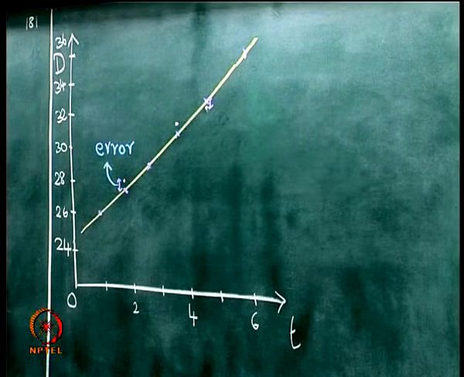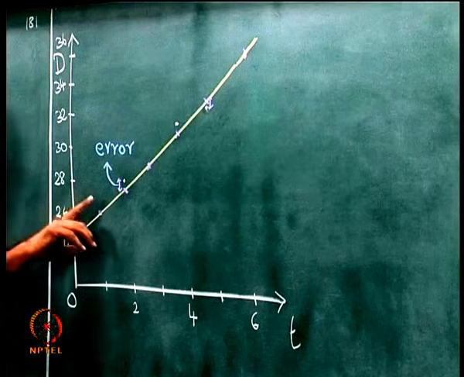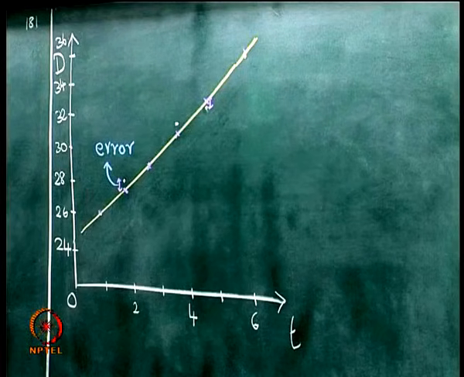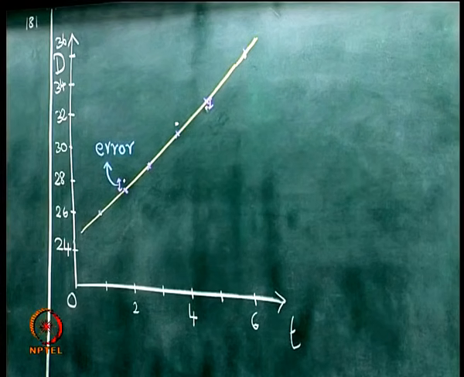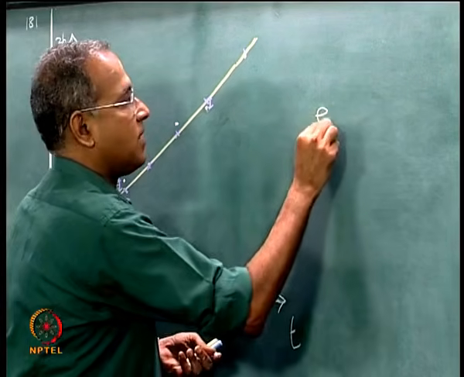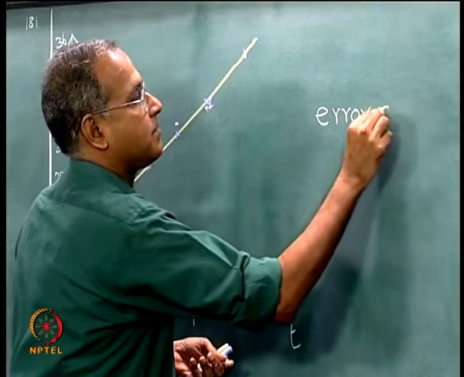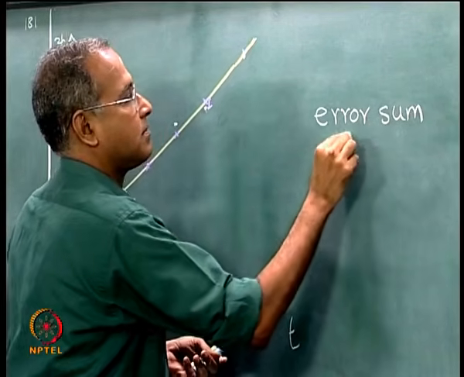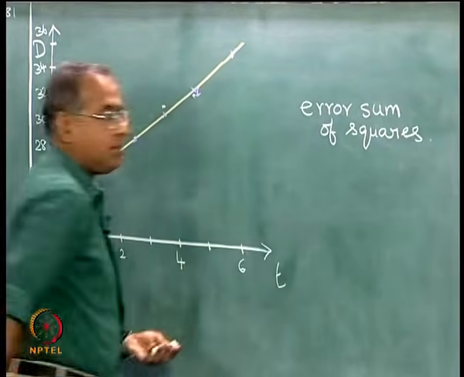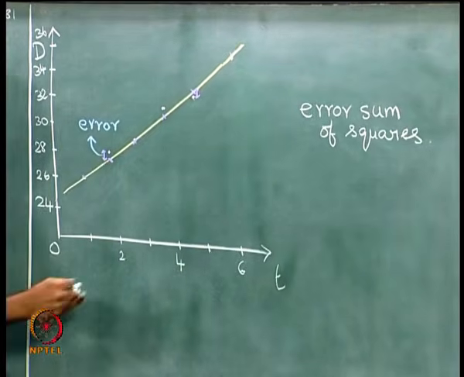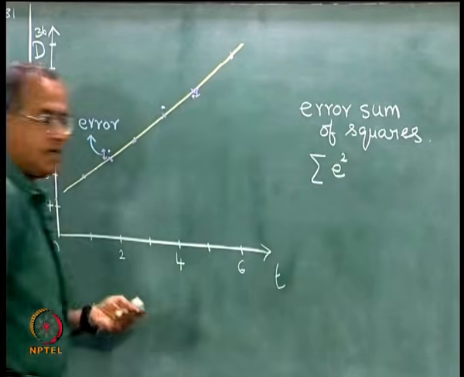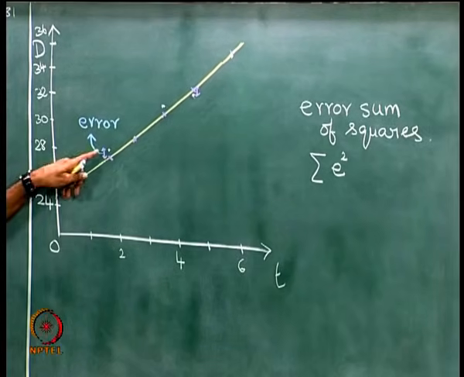Therefore a better way to look at it is to say that we want to draw this line in such a manner that the squares of these errors are minimized, or essentially we try to minimize what is called the error sum of squares, which is essentially we try to minimize E square, where E is the error corresponding to each point.